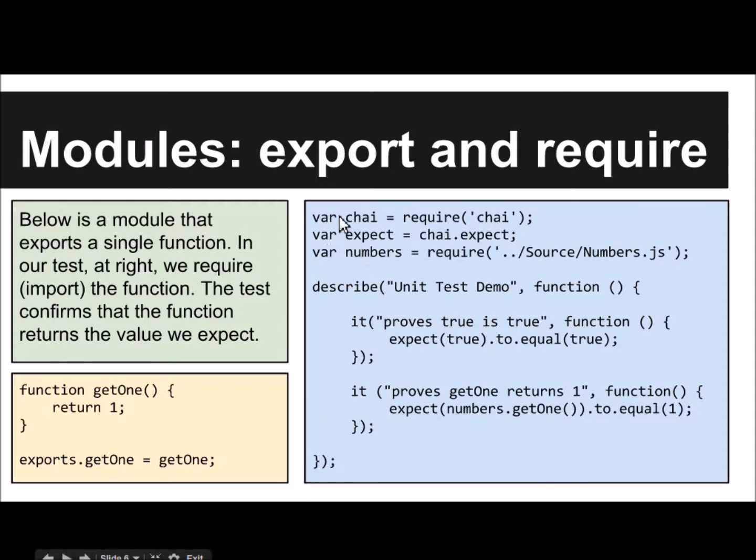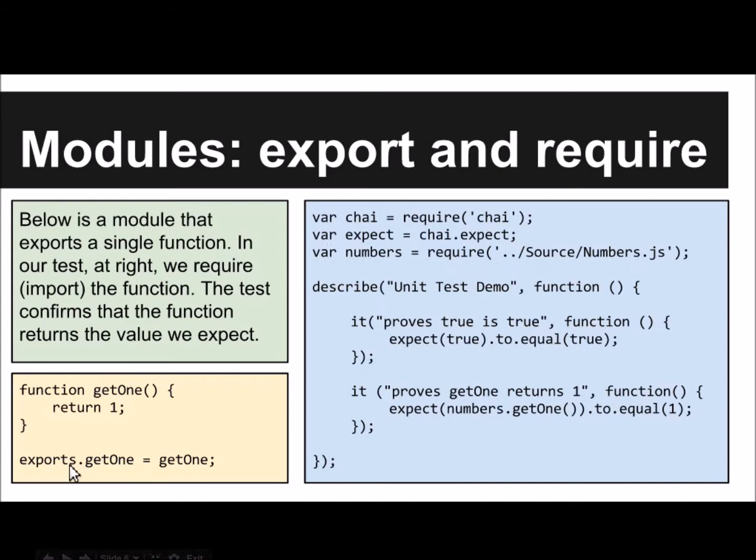Now here we've created this module. We've put it in a file called numbers.js. And then here where we want to use it in our test, we're in the test directory. So we go back to the root, relative path, back to the root. Then we open source and go into the source folder, and then we get numbers.js, and we call require to do that.